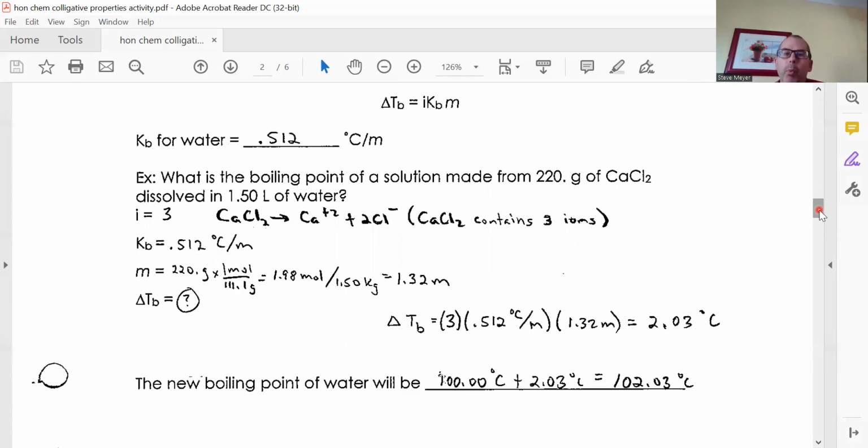Okay, boiling point. Why does a solution boil at a higher temperature than water alone? Well, when salt is dissolved in water, like NaCl or CaCl2 or anything, the salt is almost like glue holding it to water. Now, if I boil salt water, what's going to actually boil off will be just the water.